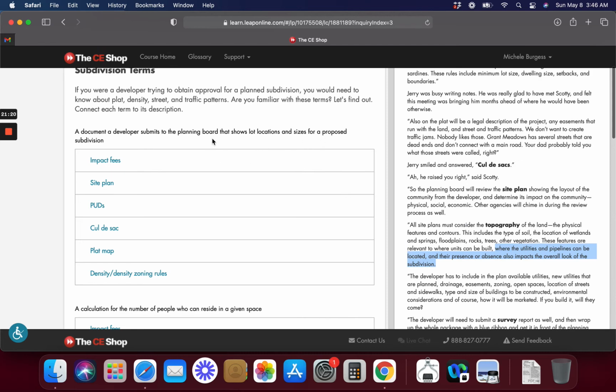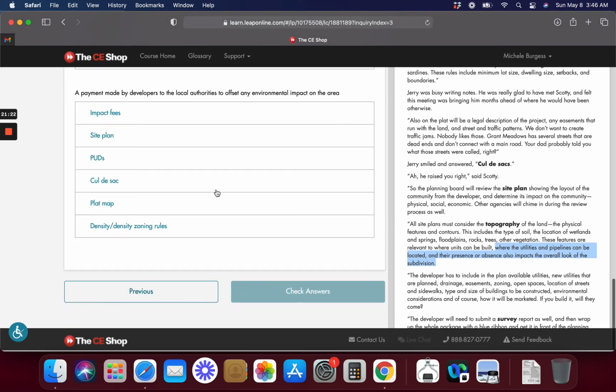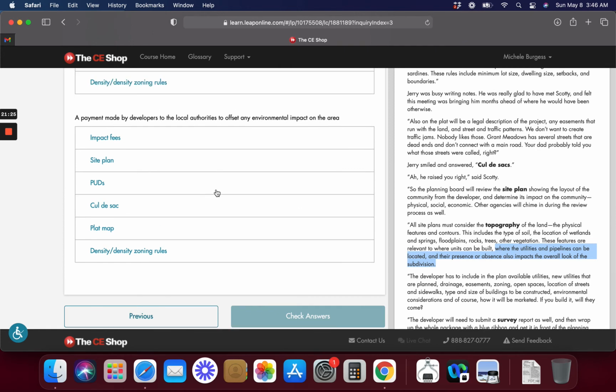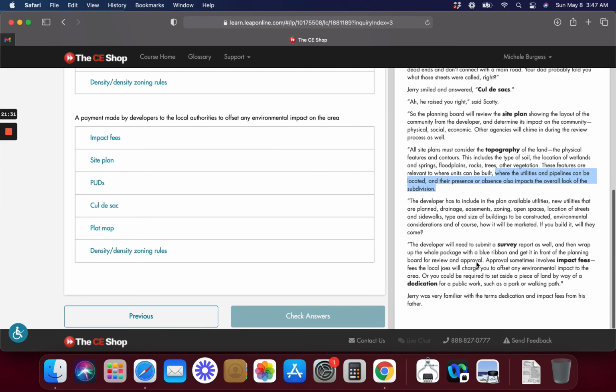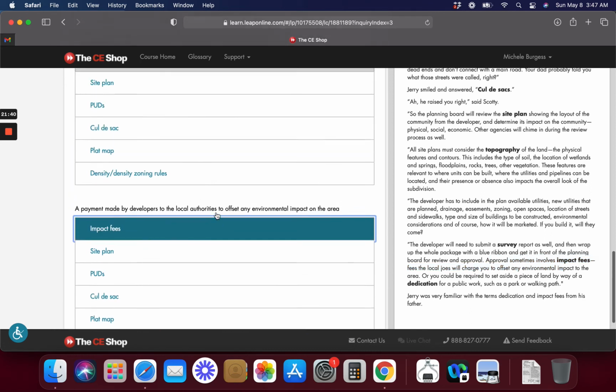Let's see what it says. Oh, this is another one where we got to connect. A payment made by developers to local authorities to offset any impact. This impact fees? Environmental impact, yeah. That's impact fees, okay.